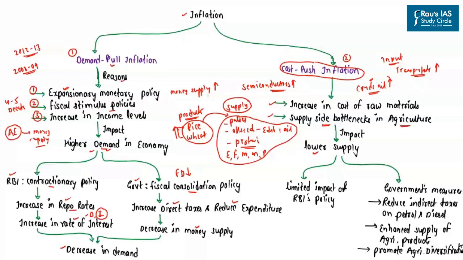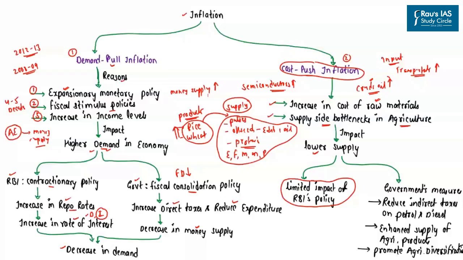So here the authors are arguing that when it comes to cost push inflation, the RBI increasing the policy rates to control cost push inflation will have limited impact. The reason is, even if RBI increases the policy rates, it will have a limited impact in controlling the rising petrol and diesel prices.